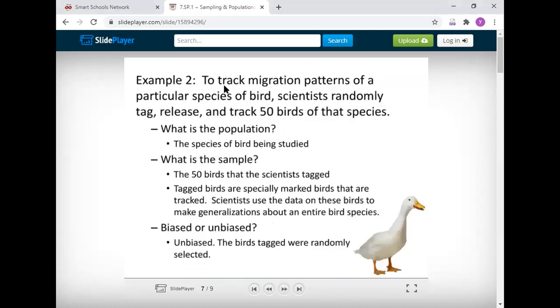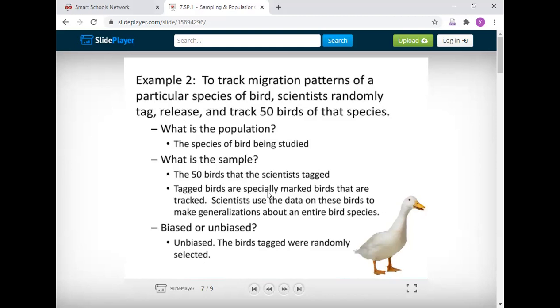To track migration patterns of a particular species of bird, scientists randomly tag and track 50 birds of that species. What is the population? We said population means whole. So the species of bird being studied. What is the sample? The 50 birds that the scientists tagged.